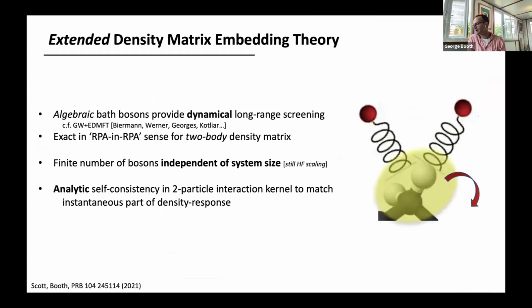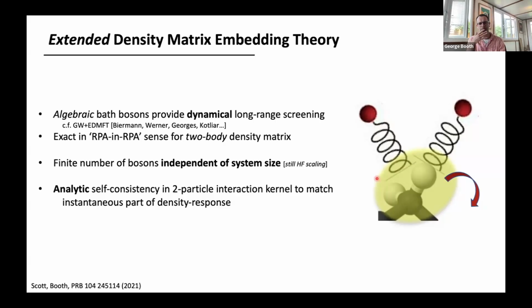The advantages are, so I haven't done a side-by-side comparison. The advantages are that you have a finite number of analytically constructed bosons, so you don't have a continuous frequency dependence of your screened Coulomb interaction that you need to deal with. The number is essentially given by the square of the number of impurity orbitals.